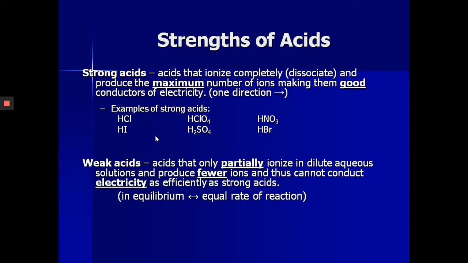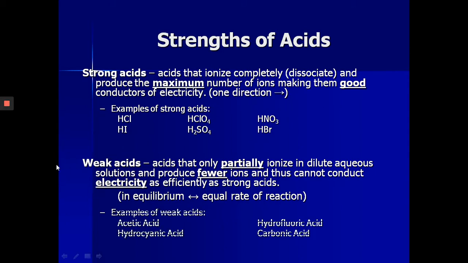Weak acids, on the other side, only partially ionize in a solution. That means they do not produce the maximum amount of hydrogen. They only produce a fewer number of hydrogen ions. And they are not going to be as great a conductor as the strong acids. Here are some examples of weak acids, but the good news is that you don't have to memorize these.